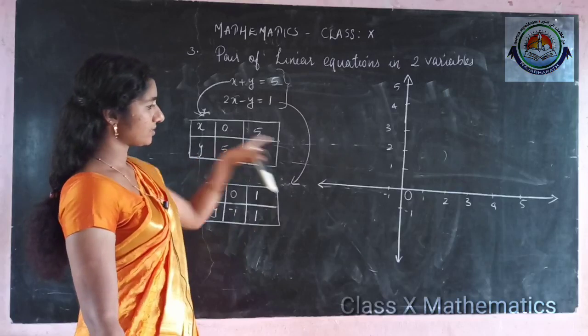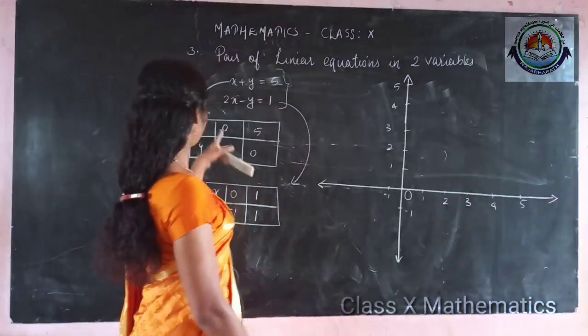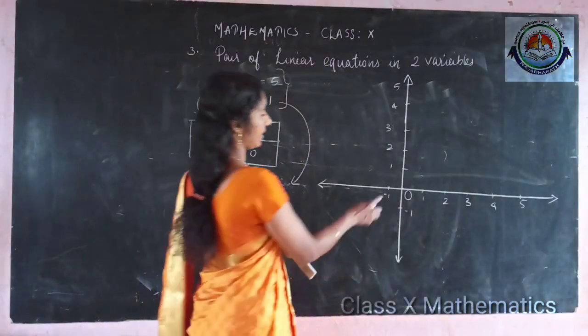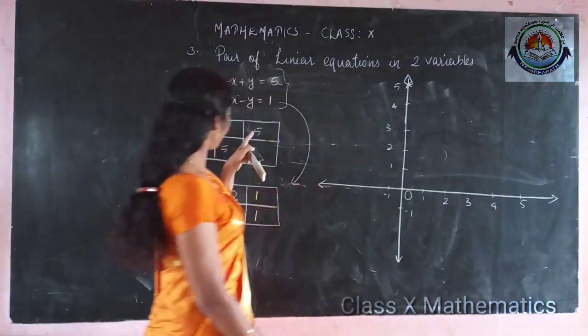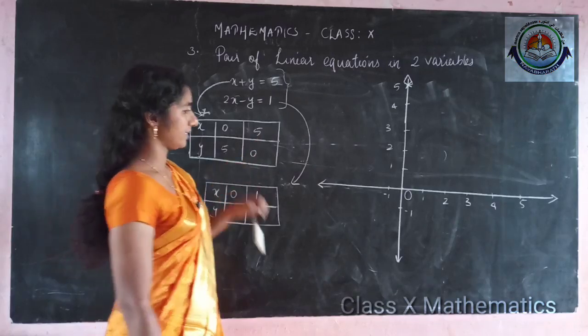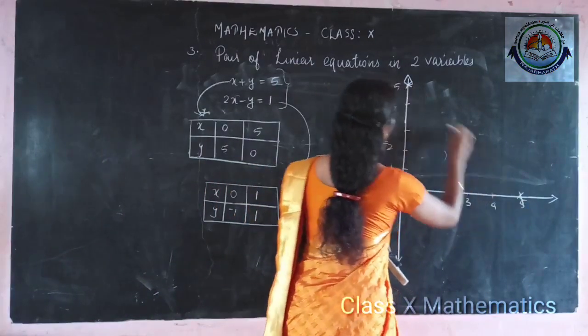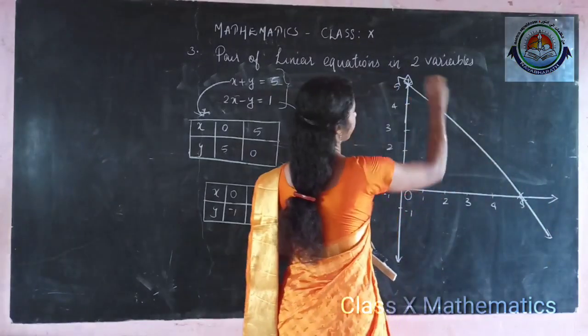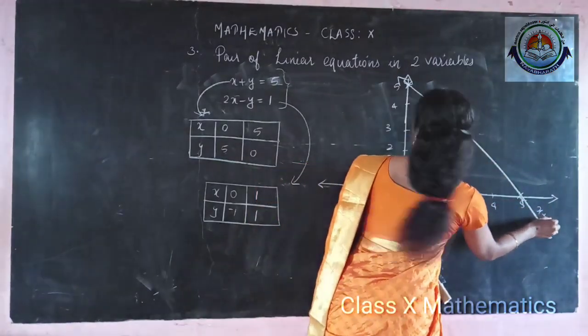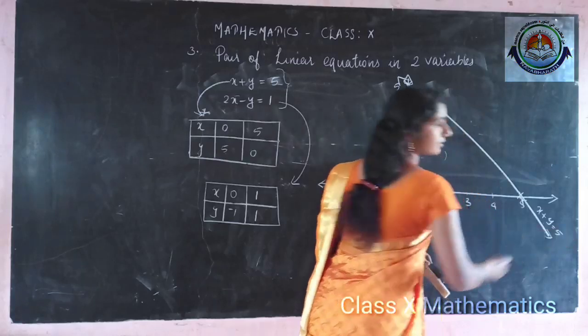According to the values, you just mark. The first point is x 0, y 5. The second point is x 5, y 0. Draw this and you will get a straight line. This is our x plus y is equal to 5.